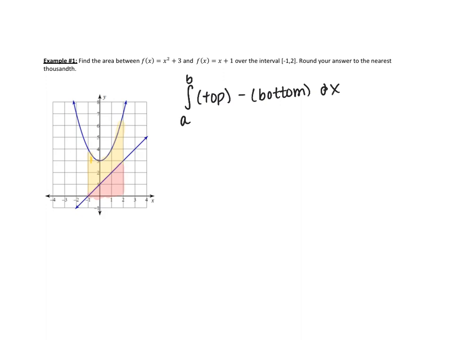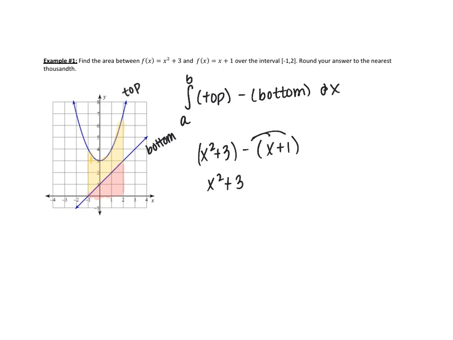So my top equation is my x squared plus 3, or my parabola. And my bottom equation, or the one that's below it, is my line. So the top equation is x squared plus 3 minus the bottom, x plus 1. So we're going to subtract those first and then integrate. Please don't forget to use the parentheses because we have to distribute that negative.